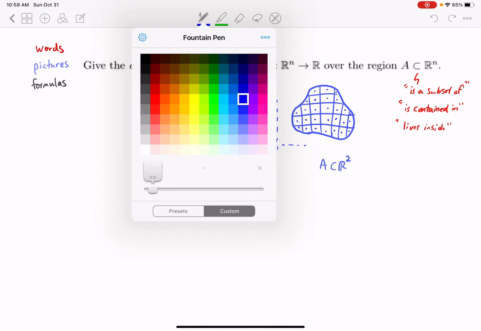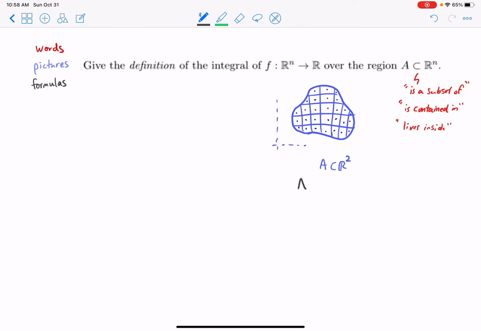And so sort of in formulas, we would say that we're going to break A. Well, A is equal to some piece A1 union some piece A2 together with, that's this symbol, it's a union, A3, the third piece, and etc. And then on each of these pieces, we're going to choose a point, like x1 will be an element of the first piece, x2 will be a point on the second piece, x3 a point on the third, etc. So this is if you wanted some math formulas in terms of set notation.